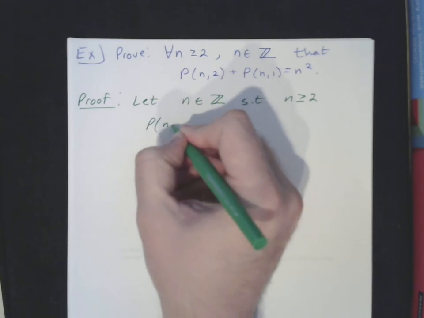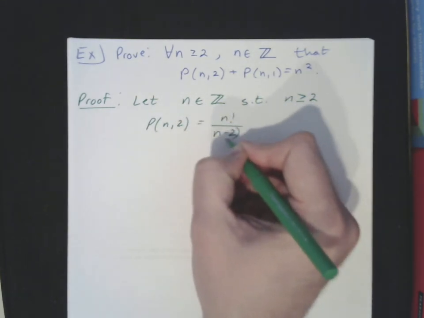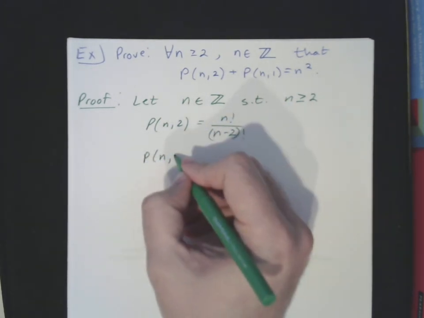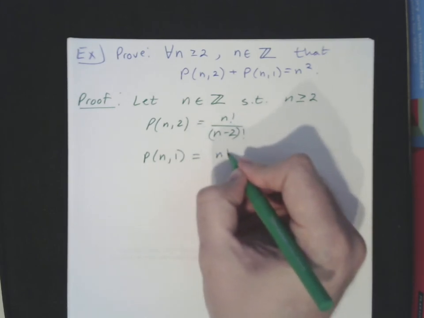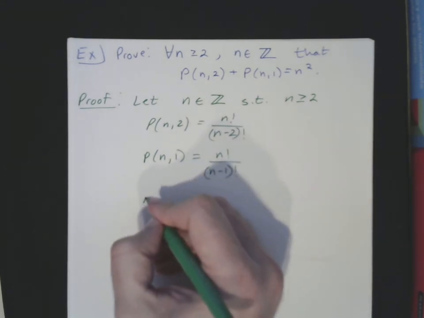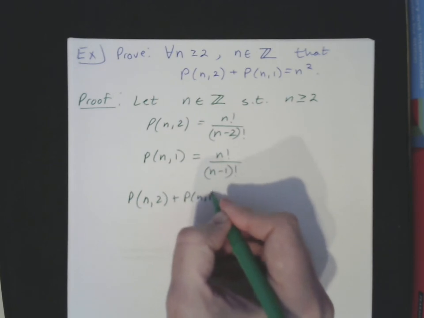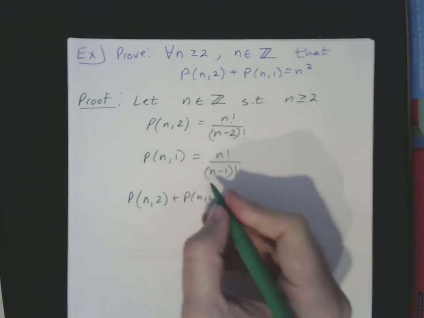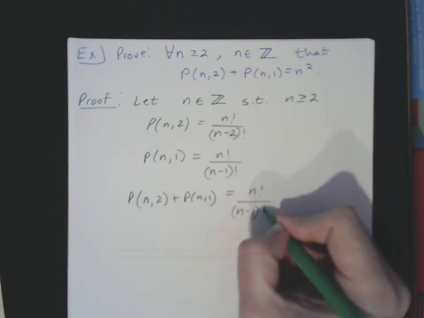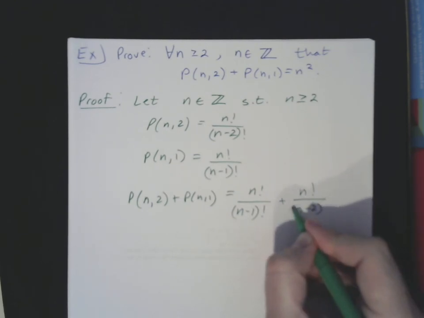Then P of n comma 2 is n factorial over n minus 2 factorial. P of n comma 1 is n factorial over n minus 1 factorial. So if we add these, P of n comma 2 plus P of n comma 1, this is n factorial over n minus 1 factorial plus n factorial over n minus 2 factorial.